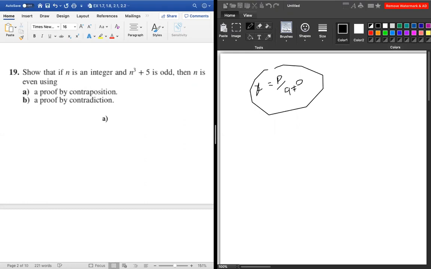Okay. So in here we assume that n is odd, right? So n equals 2k plus 1. So we are adding 1 to make sure that this is odd, for some integer k.